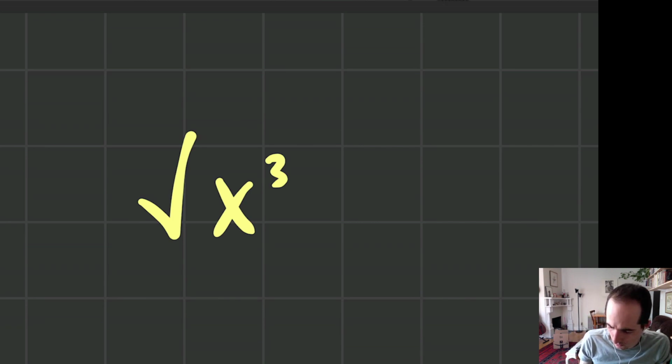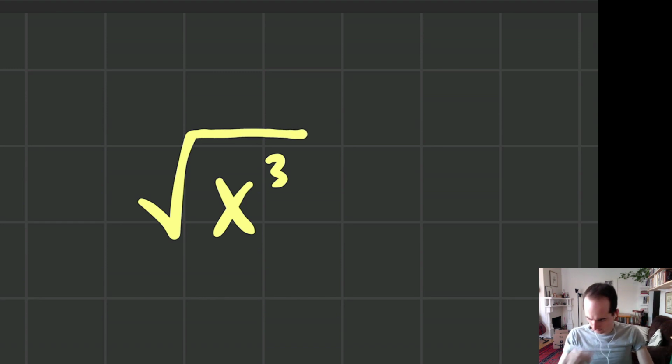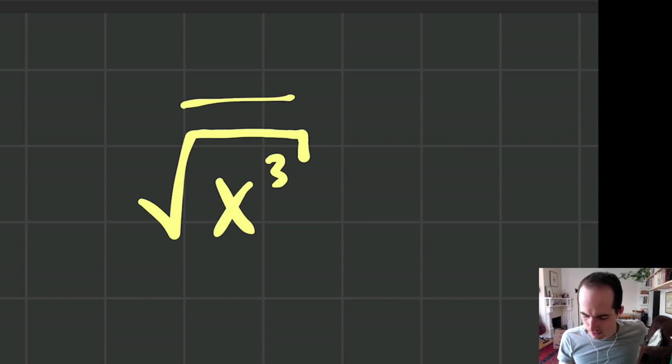So a professor once taught me to do the top line and go past the point where you want it to go, and then put a little notch there, and that makes it very clear where your square root starts and where it ends.